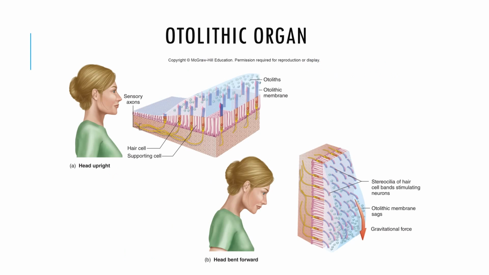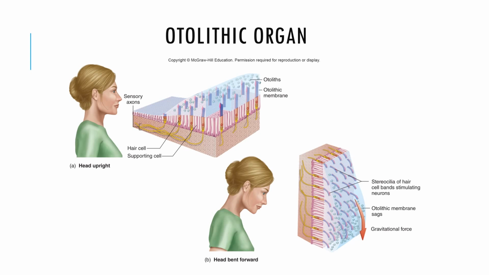The otolithic organ helps to provide information about linear acceleration. And so this is now where the utricle and the saccule come in. The utricle is responsible for horizontal information, whereas the saccule is responsible for vertical information. These are just specialized epithelium that are called the macula, and that's what houses these hair cells.